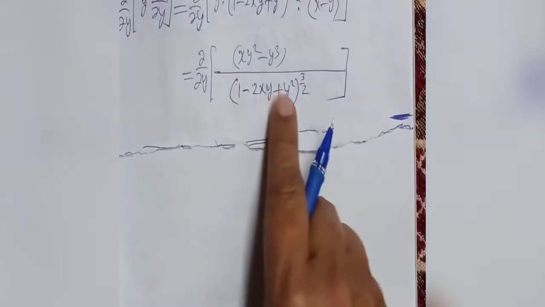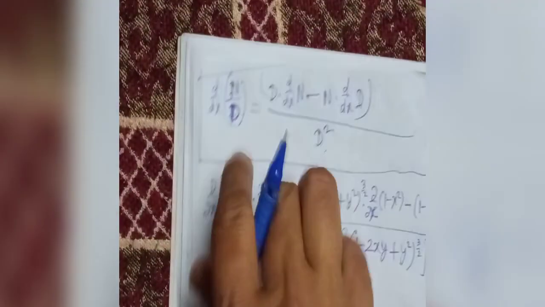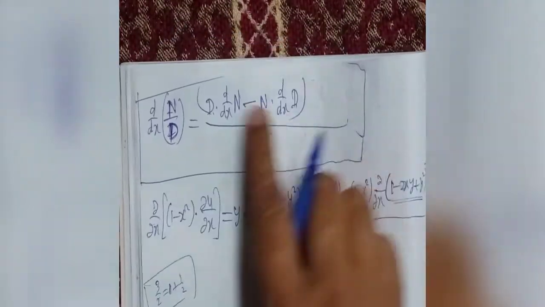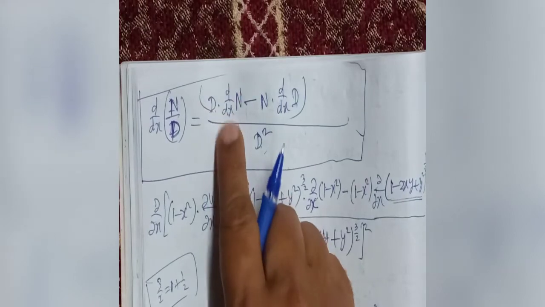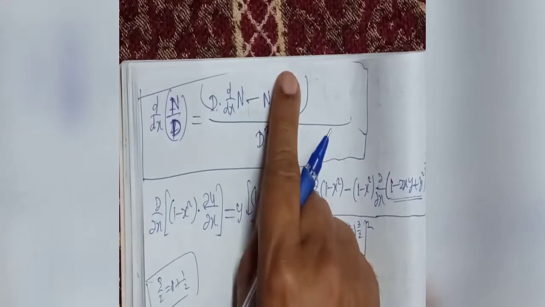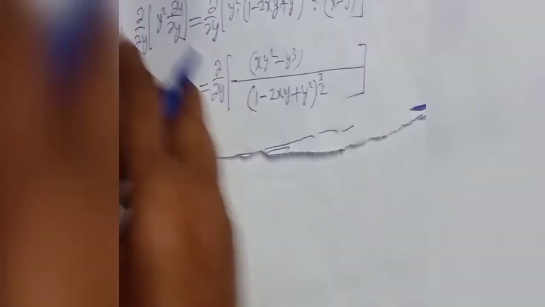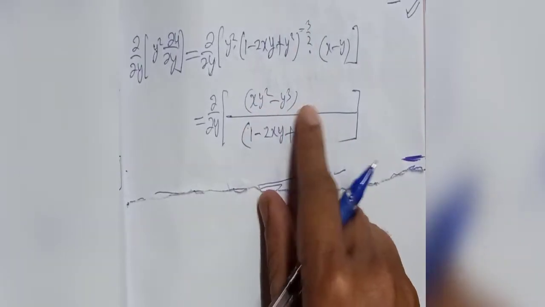so we apply this formula: numerator by denominator, square of denominator, differentiation of numerator minus numerator differentiation of denominator. Here the numerator is xy square minus y cube, and the denominator is this value.